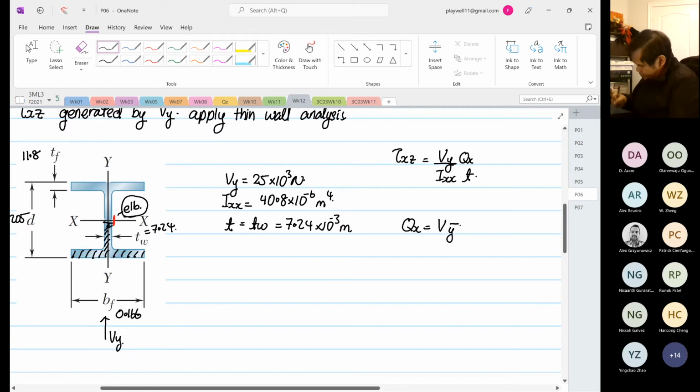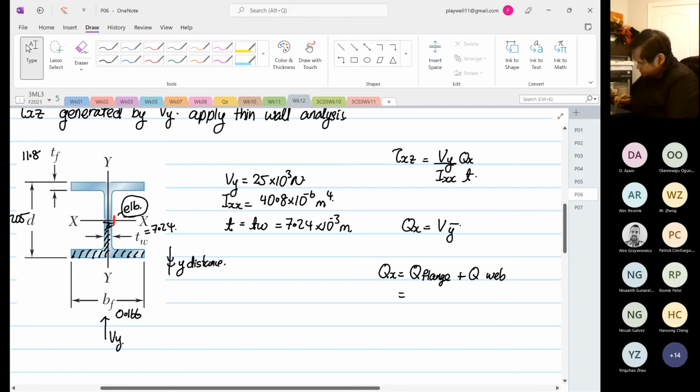This is the y distance, so I can remember where y is. Qx is equal to Q of flange plus Q of web.